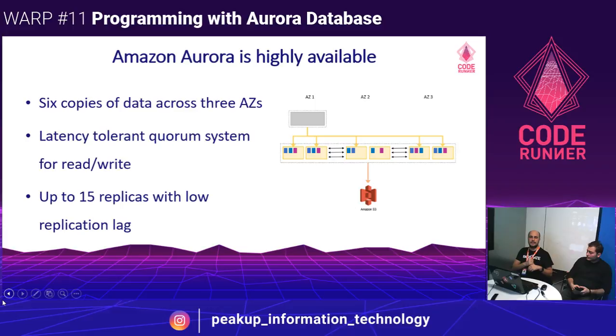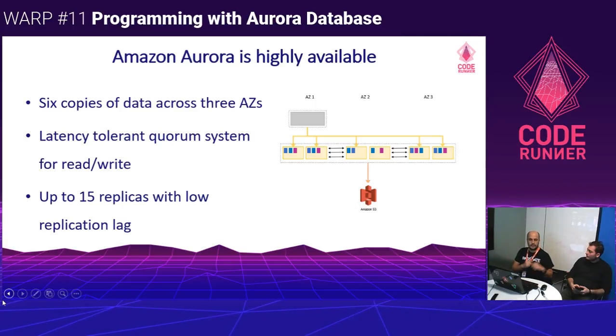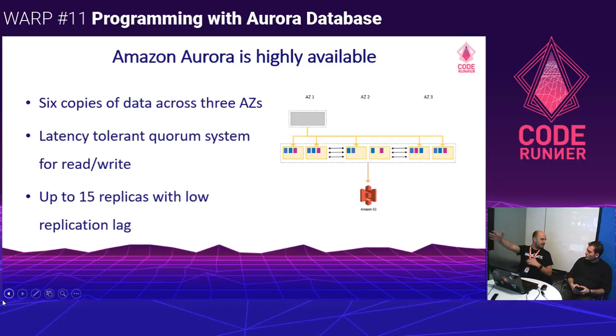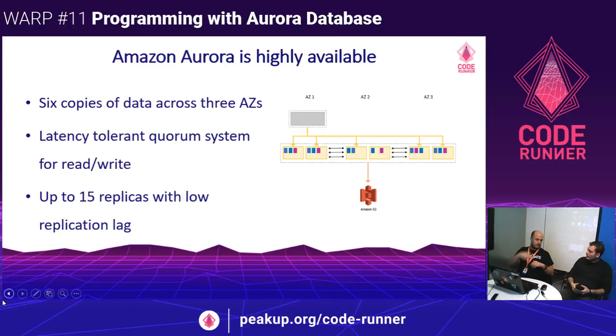So it provides low latency, and if you need, you can create 15 copies of this database using replicas. So when your customers access from far away from your base, AWS provides the data from the nearest availability zone and region.